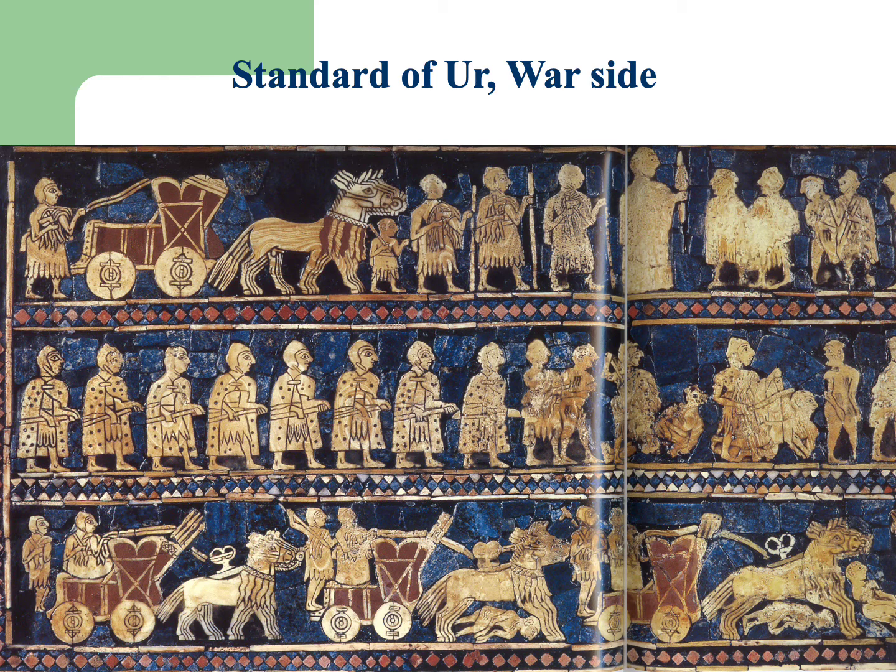On the bottom, you can see them driving the chariots over the enemies at the bottom there. And you can see them fighting people here in the middle register of this.